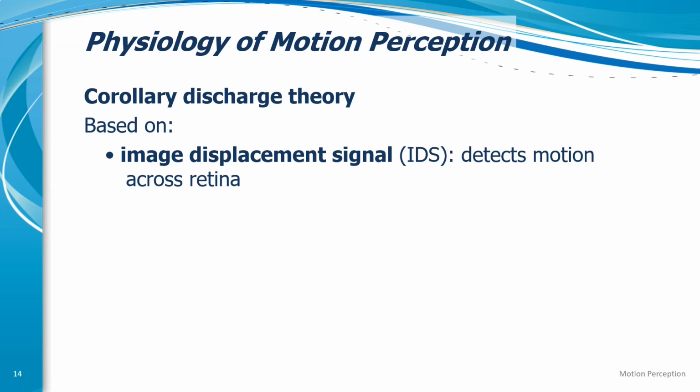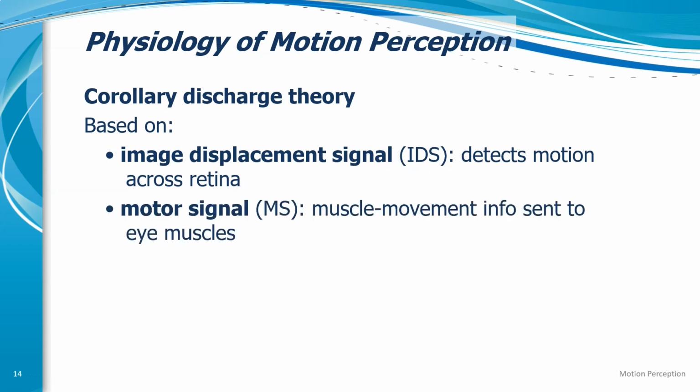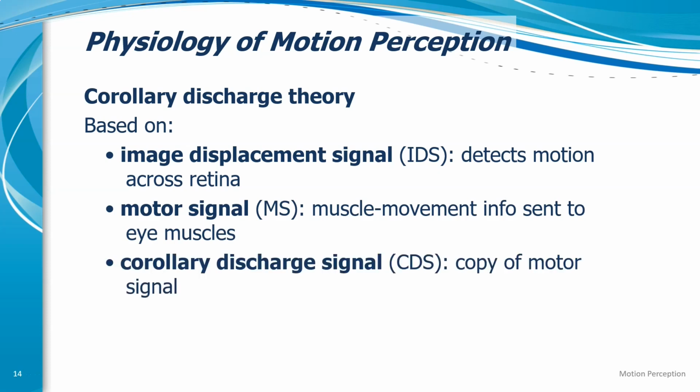Okay, we have that. Next is something called the motor signal. Now this is information sent to the muscles of your eye. This is how your eyes move. Okay, so far so good. The next component is the corollary discharge signal, and this is what gives this theory its name. The CDS is a copy of the motor signal.